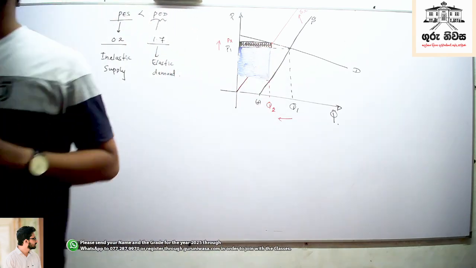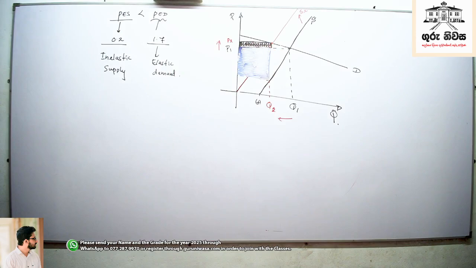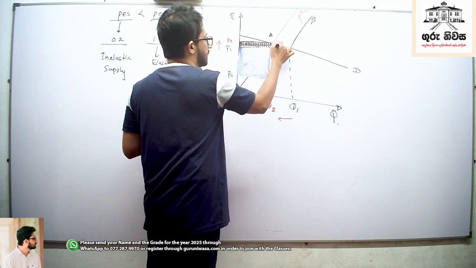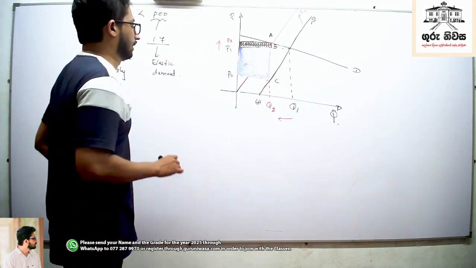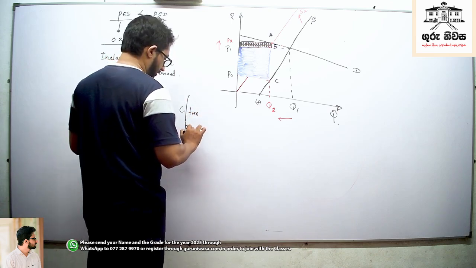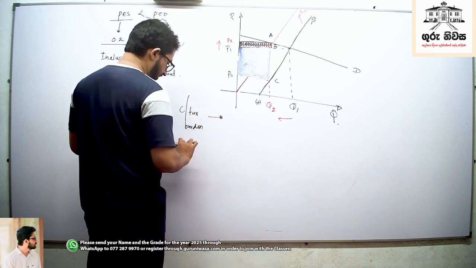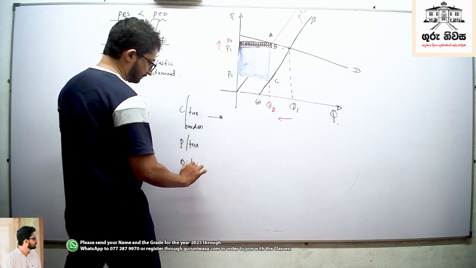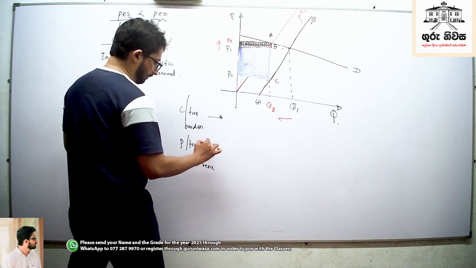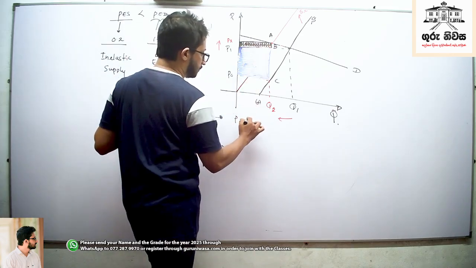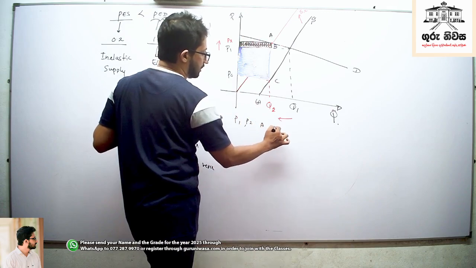Then you can put some letters: P naught, A, B, C. Consumer tax burden, producer tax burden, and government tax revenue. Consumer tax burden is P1, P2, A and B, the small one.